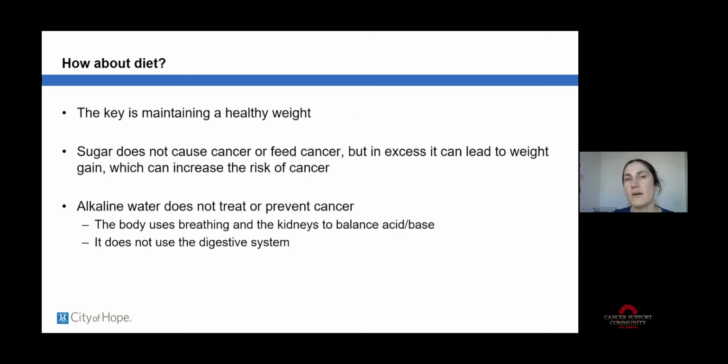But if you're drinking alkaline water, it's not really getting out to those areas of the body, because your body uses breathing and also some regulation of electrolytes with the kidneys. Those are the main ways that it manages acid base. It doesn't usually do it through the digestive system. So you're probably just drinking expensive water if you're drinking alkaline water.